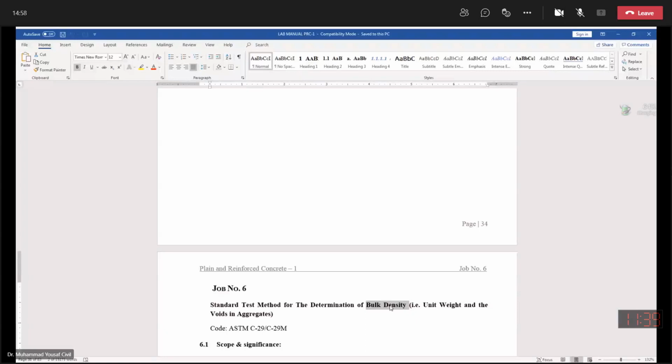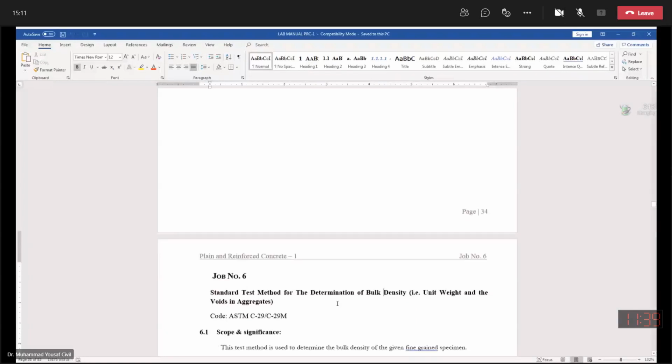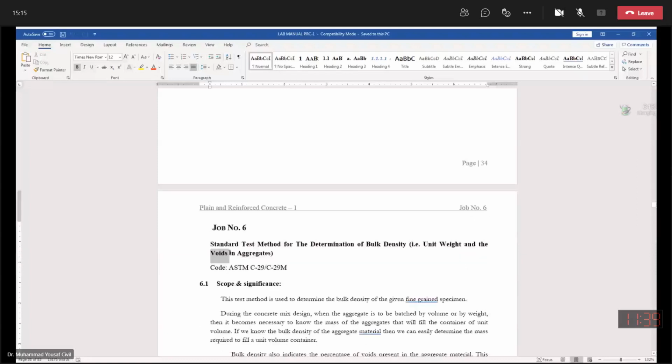Density is also known as unit weight. From this we can also have an idea about the voids of the aggregate. If the density is more, voids are less. If density is less, voids are more.